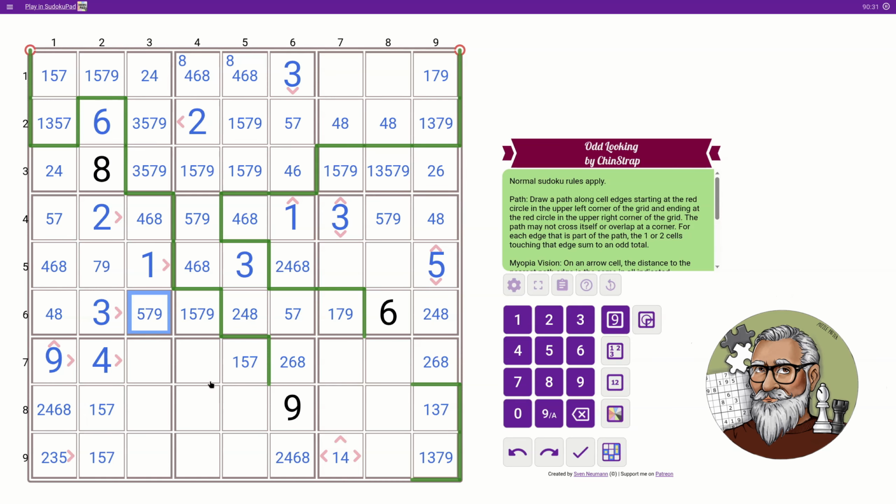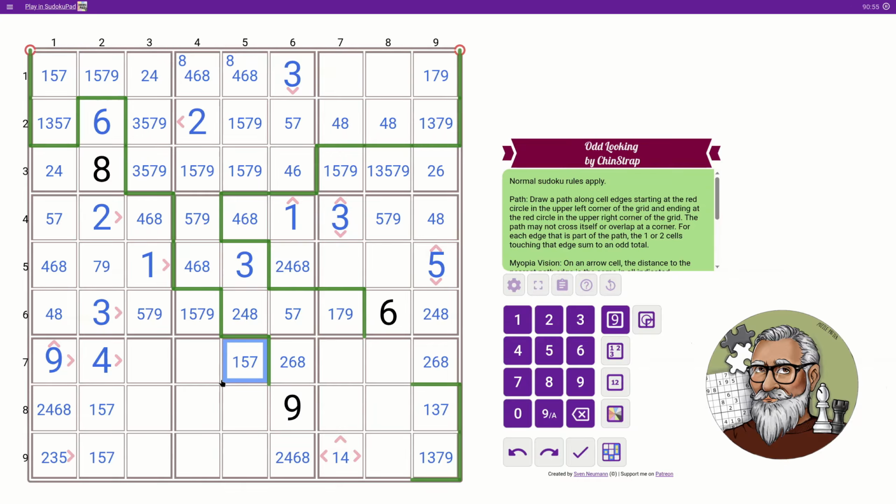On n'est toujours pas sorti de l'auberge. Still not there. 1, 2, 3, 4. Still not there. Interesting.